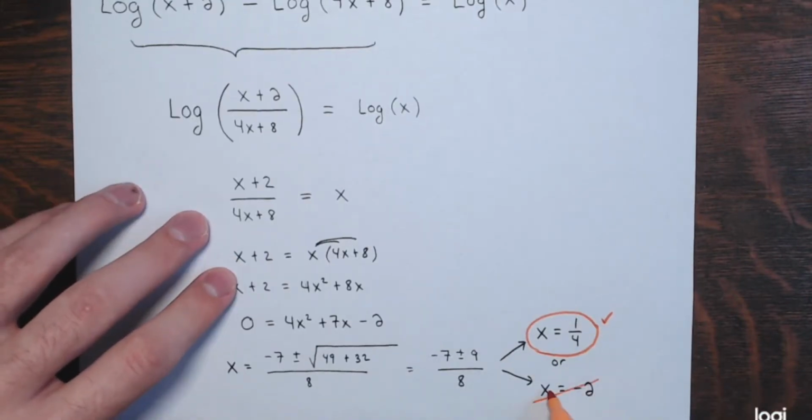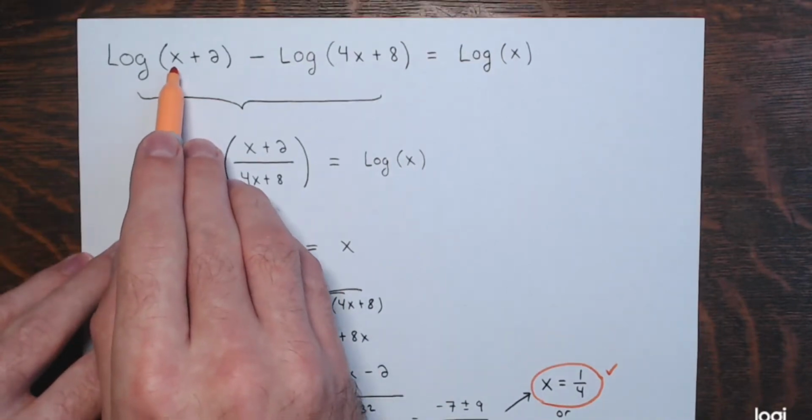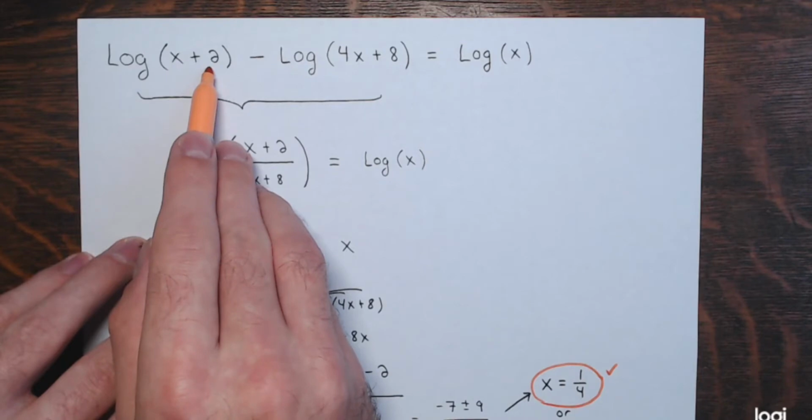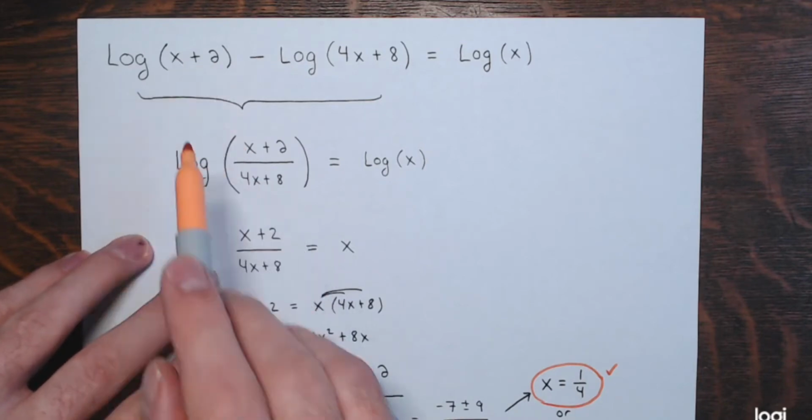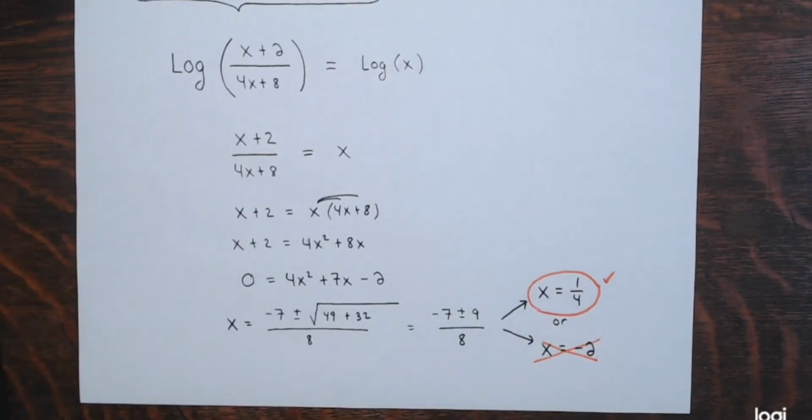X equals negative 2 is bad though. If I plug in negative 2, we'd have the log of 0, which is undefined. Right? That 0 is not a positive number. So negative 2 is a bad solution, an extraneous solution. Yeah, so after all that, the only solution here is positive 1/4.